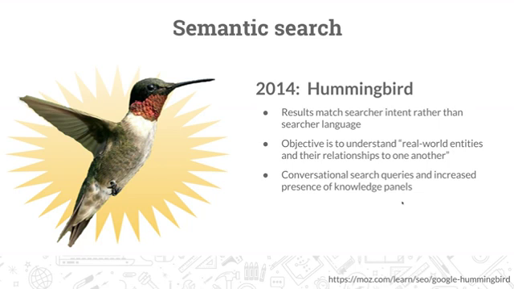The semantic aspect of Hummingbird is that it's looking for the value that this page presents for a given concept, based upon what sorts of other words are showing up on the page, based upon basically trying to understand what the value of that page is.